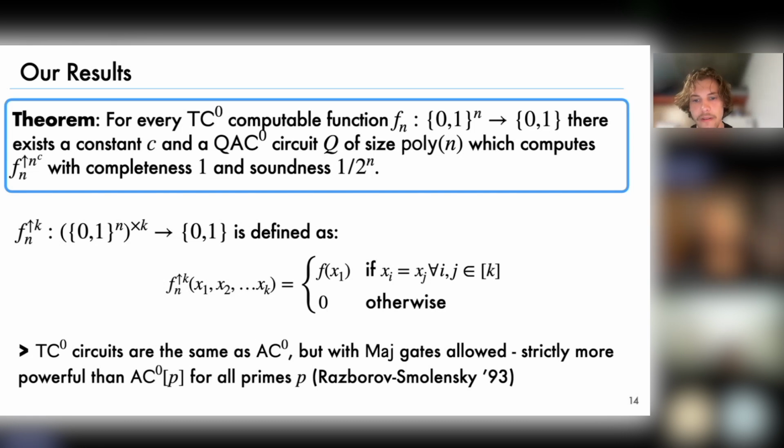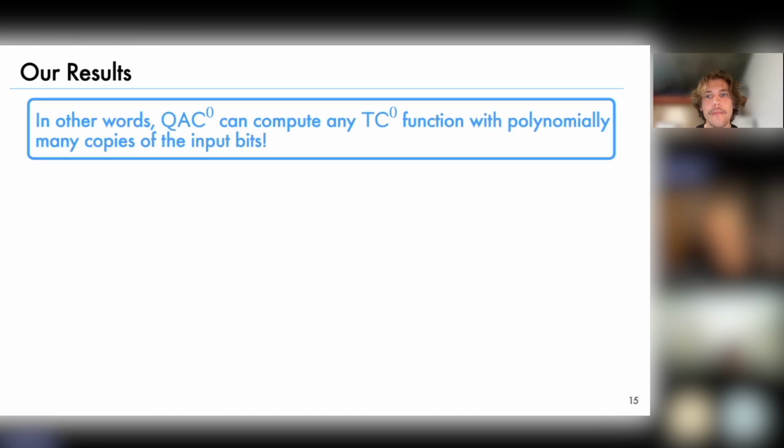And this was proved in a classic result by Razborov and Smolensky in 1993. Another way to view this theorem from the previous slide is that QAC0 can compute any TC0 function with polynomially many copies of the input bits.